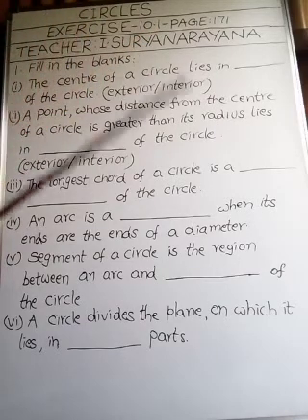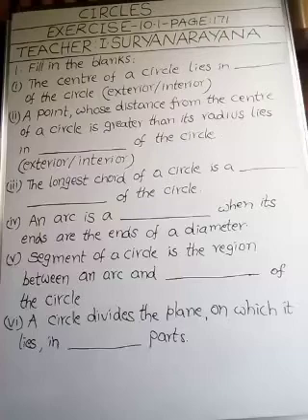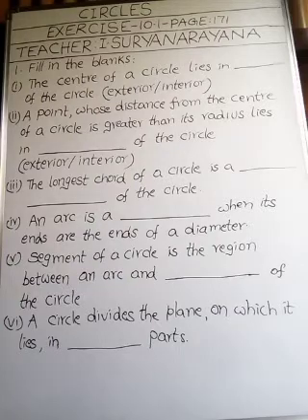All of you learn these concepts well. Go through the textbook page numbers 168, 169 and 170. Read those 3 pages well, my dear children, to understand these concepts well.